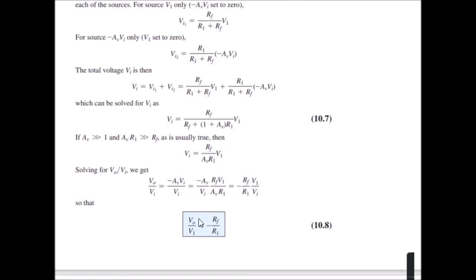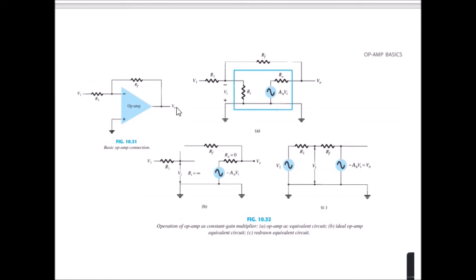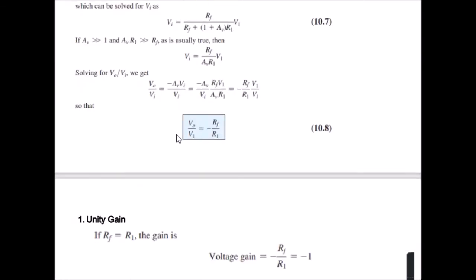So, ang sabi dito, your VO over VI is equal to negative RF over R1, sorry. What is this VO over V1? Sorry, this is not VI, this is V1. Take note, ito yung VO is nandito. Nandito si V1. Di ba this is output over input? Now, what is this formula all about? This is the gain.